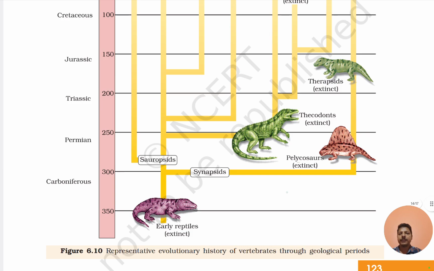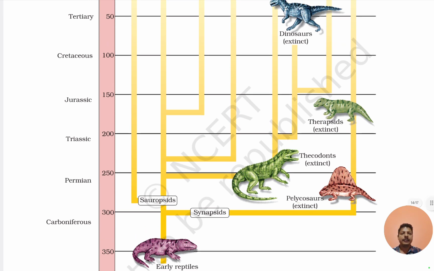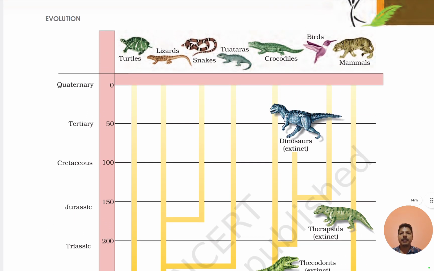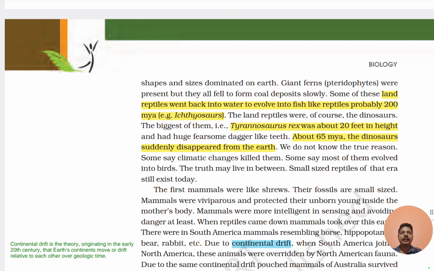Here you can see early reptiles, Carboniferous, Permian era, mostly extinct, and some are present, you can see. Then land reptiles went back into water to evolve into fish-like reptiles probably 200 million years ago. Example, Ichthyosaurus. We have already seen the diagram in that PDF.